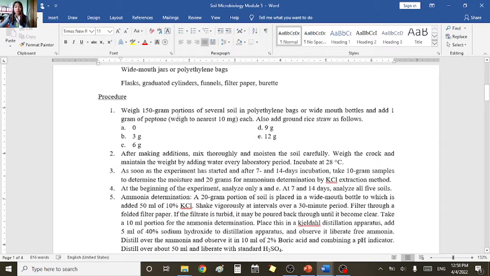Weigh a 150 gram portion of the soil, and then add 1 gram of peptone, weighed to the nearest 10 milligram. And then add ground rice straw as follows.